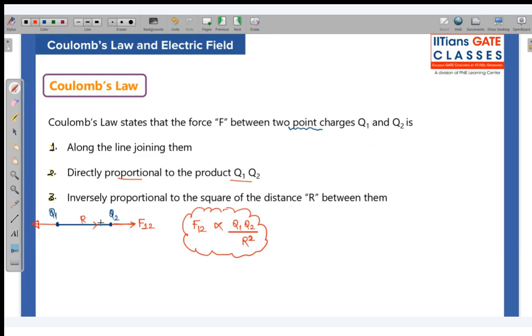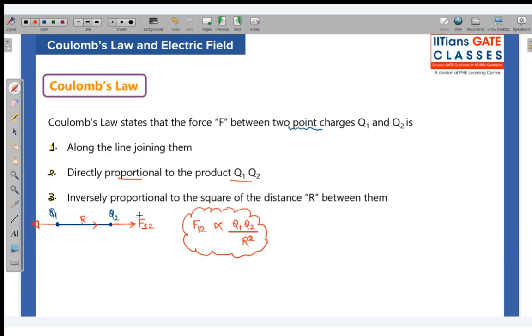Now, the direction also you can tell if it is along the line. That means you can easily say that they will repel or attract, but you are not able to tell in which direction, whether it is X direction, Y direction, or Z direction, because there is no coordinate given to you.